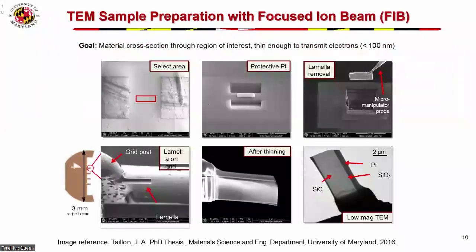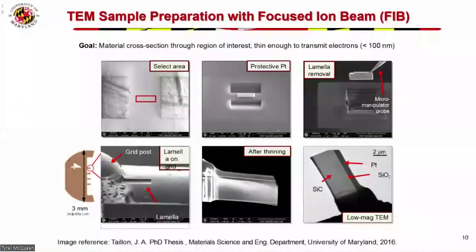So this is just an image of how we make the TEM samples. This was for a silicon carbide MOSFET where the gate contact had been removed. In this region that we wanted to see under the gate contact, we deposit a platinum protective layer, and then with the ion beam, mill some trenches, and eventually remove a very thin lamella, or sample, using this micromanipulator.